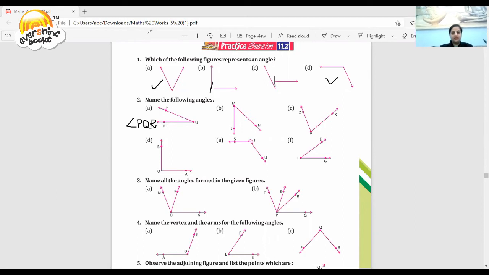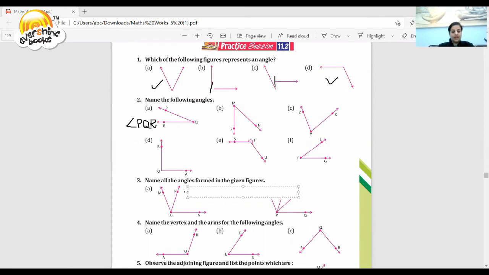Here you will write the name of every angle. Name all the angles formed in the given figure. First of all, you have to make the sign of angle.